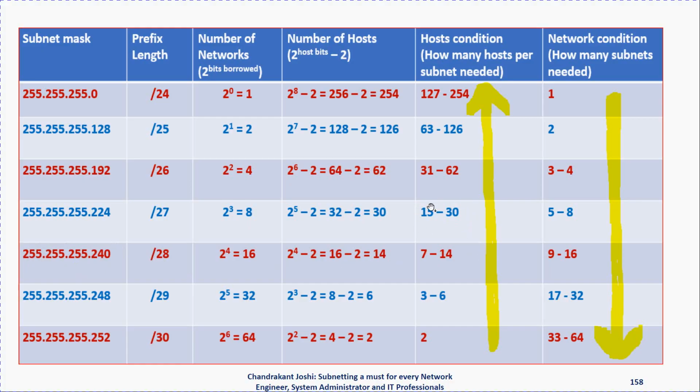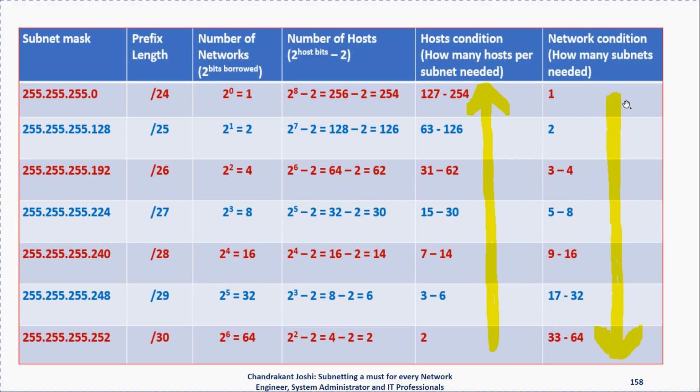So this is the range. If we have hosts within this range, then we use the corresponding prefix length or subnet mask, and they will give us this many networks for that particular value.